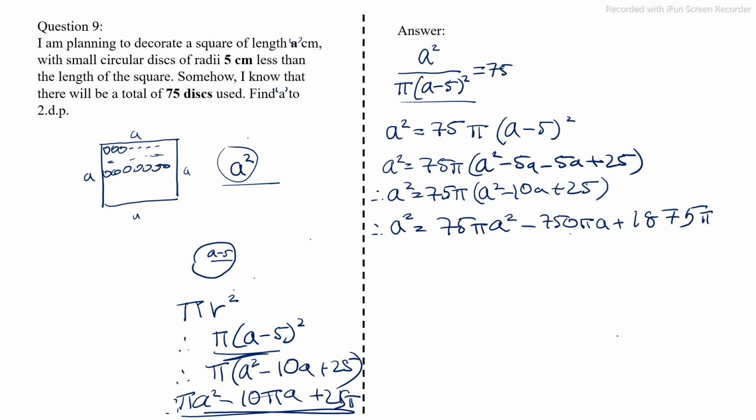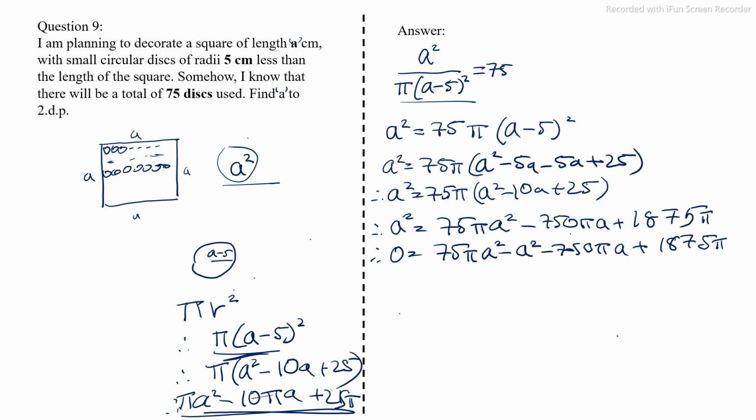Okay, so we have that. Now we can put the a squared on the other side so we can form a quadratic equation. Therefore, 0 equals 75 pi a squared minus a squared minus 750 pi a plus 1875 pi.